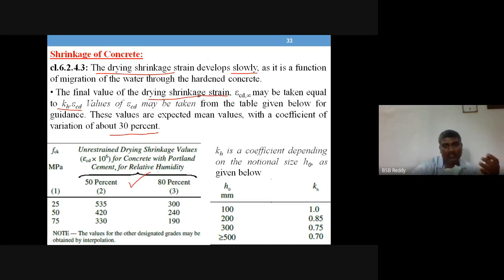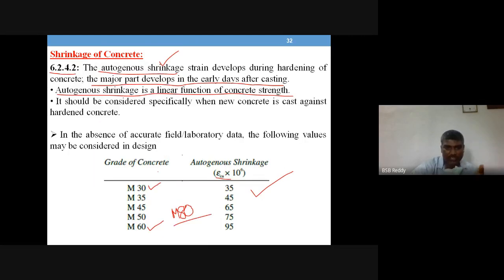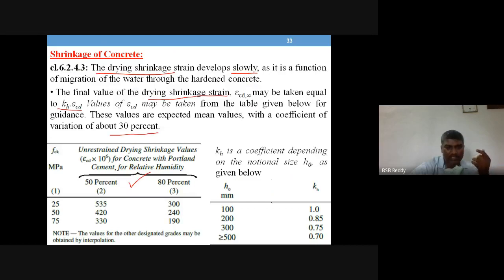Okay, so these are drying shrinkage values. We have seen how to estimate autogenous shrinkage values. Now it is to estimate drying shrinkage. So you can see that it is depending on humidity value. So if the location where you are working, where your structure is, has 50% relative humidity, use these values. If it is 80%, use these values.